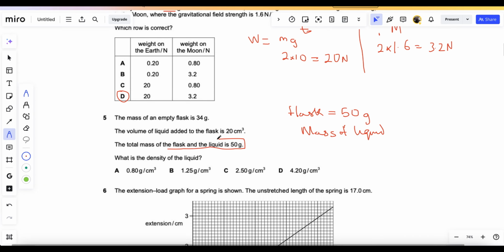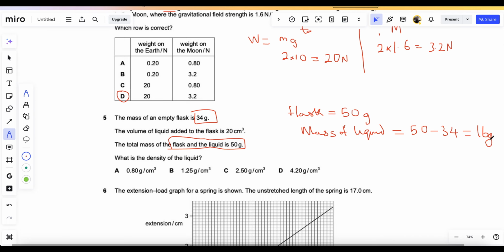The 50 gram is for the empty flask and the liquid added to it, everything totaled up. But the empty flask is 34 gram. So the mass of liquid is 50 minus 34, which gives 16 gram.